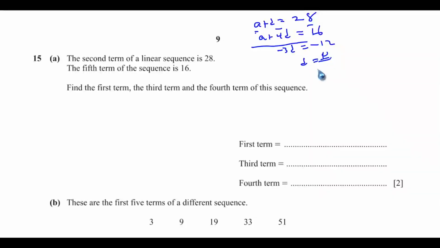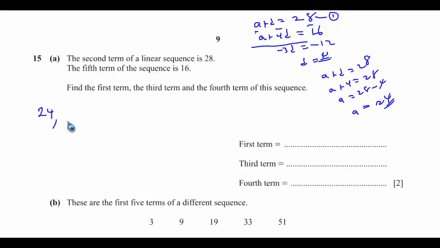Then we need to put D into, let's say, equation 1. So A plus D equals 28 for equation 1. Then we have A plus 4 equals 28, and A equals 28 minus 4. A equals 24. So that means the first term is 24.